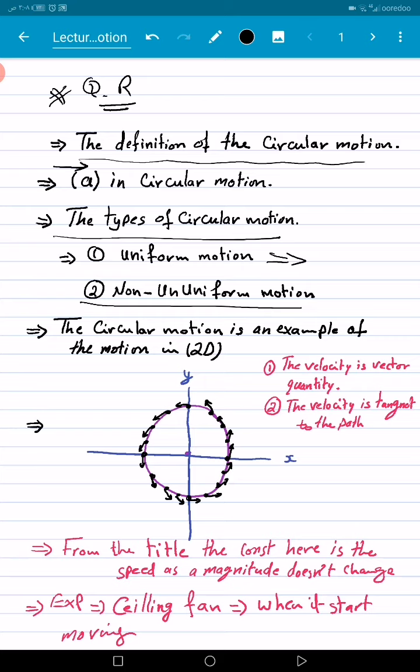In this section, we know the circular motion is one of the examples of motion in two dimensions. We discussed the velocity, the speed, and the acceleration in linear and also in angular.